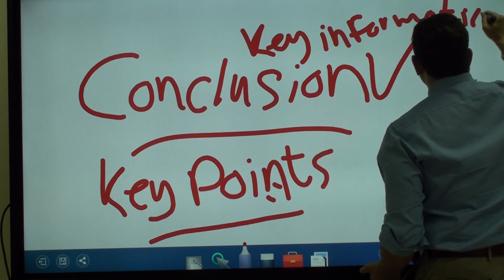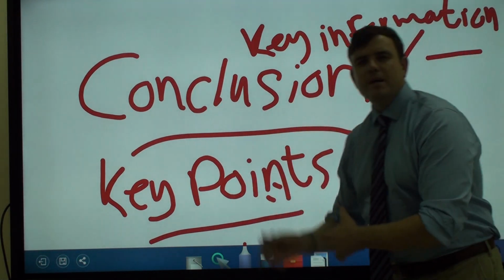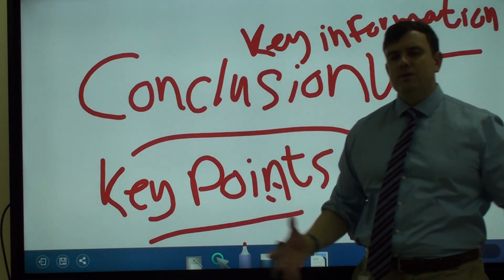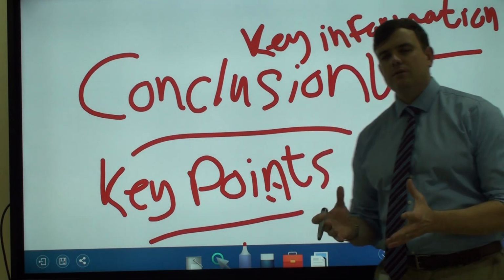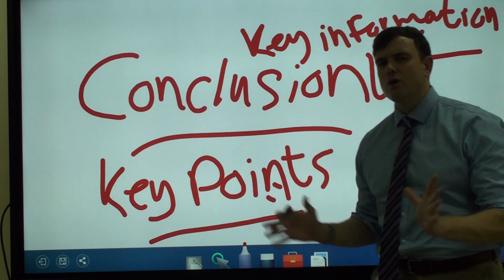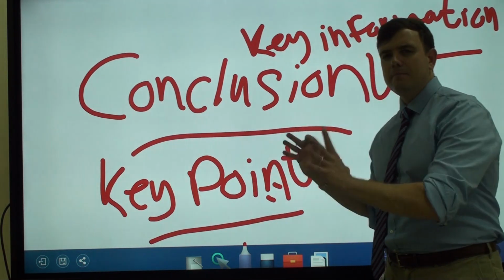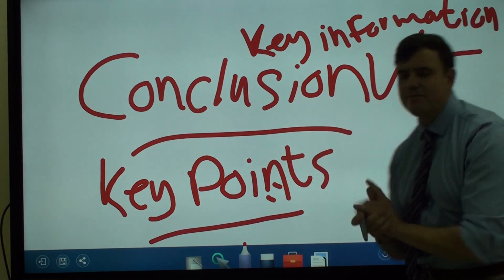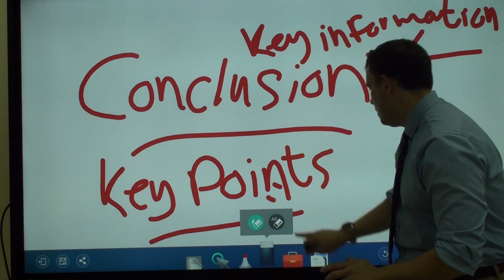Anything you may feel is important to mention in your conclusion, you should put in there, from the essay. Nothing new, no new information, just the major points, key information there.